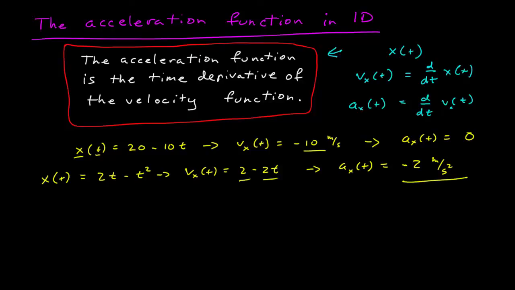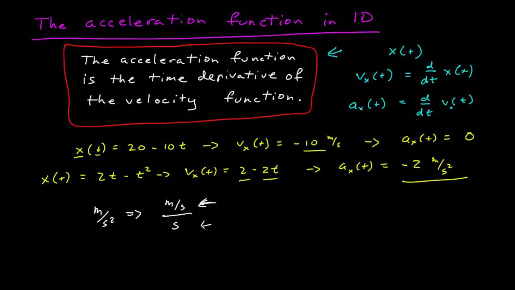Let's take a minute and look at what that means. So meters per second squared is the units of acceleration. Another way to look at that is that's meters per second over seconds. And so the acceleration is telling you how the velocity is changing. And so it's saying that the velocity in meters per second is changing some amount for each second.